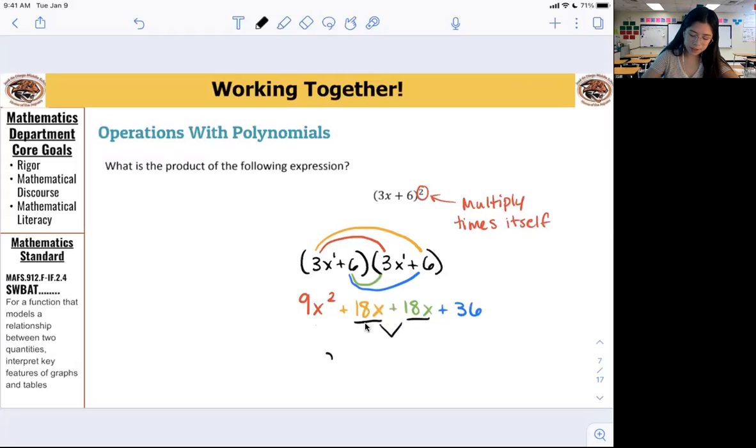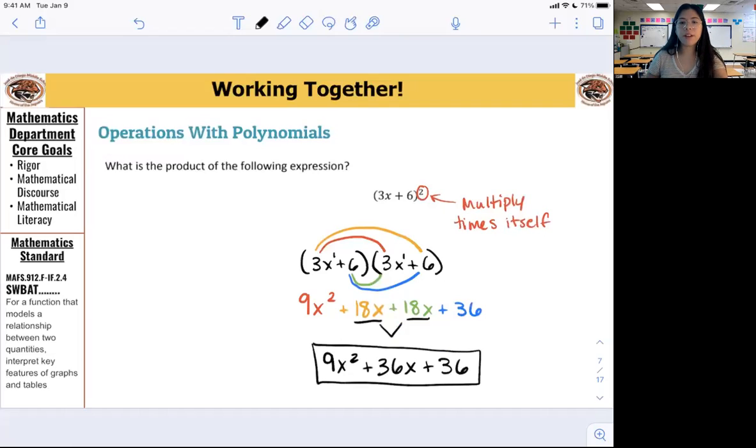So our final answer is 9x squared. 18 plus 18, when I combine like terms, what do I get? 36x. And then plus 36. And that is my final answer.